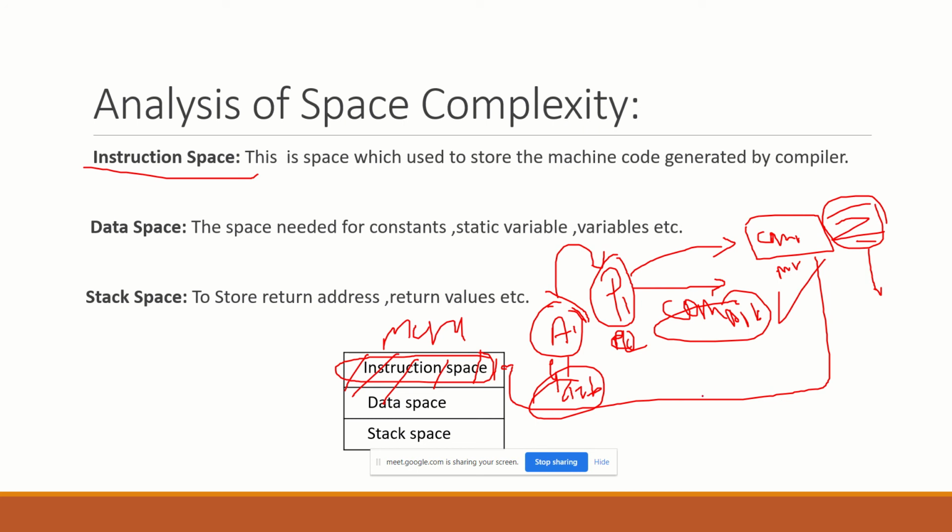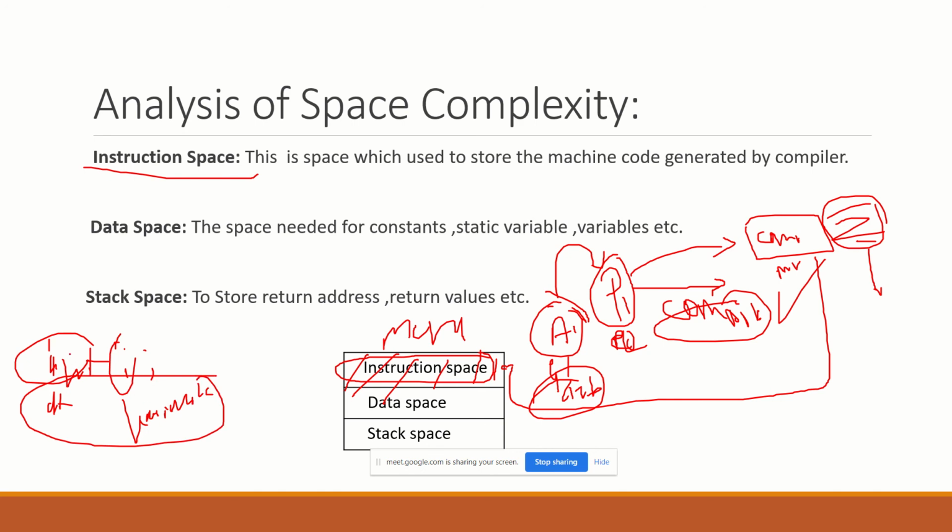Now sometimes I will declare int i. What do you mean by int? It represents a data type and it represents a variable. So this is showing that it is data, meaning a variable where we can store a value.